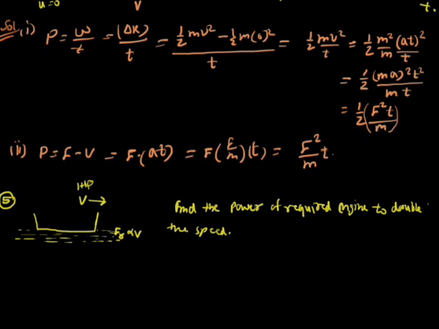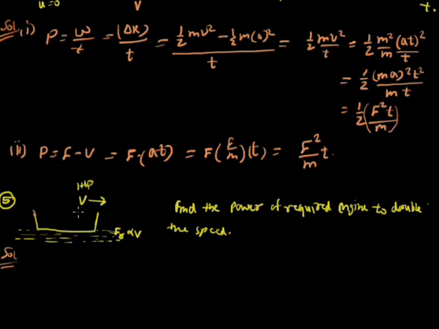Now the fifth question is that you are given a boat which is on the water. The boat is running with the speed of v. The resistance force of the water is proportional to the velocity, meaning as the speed increases the resistance force of the water also increases.